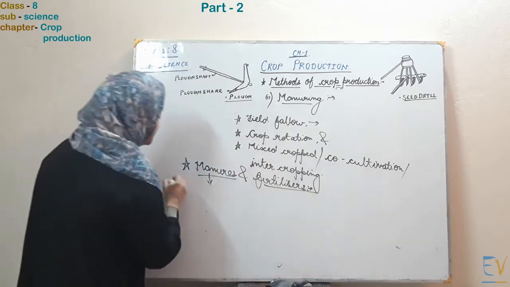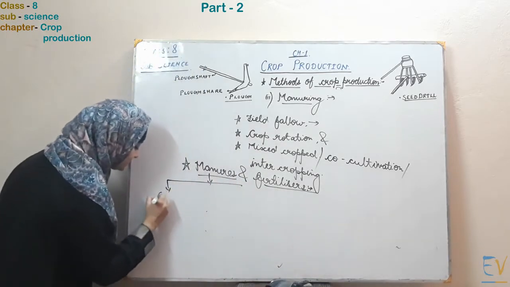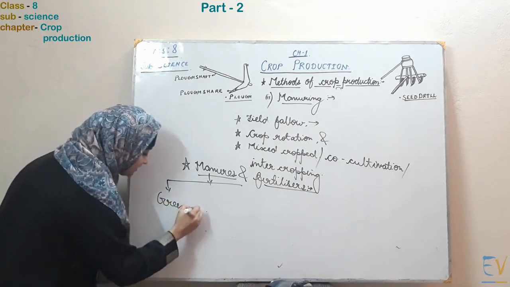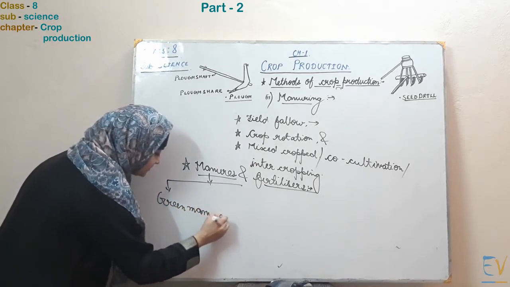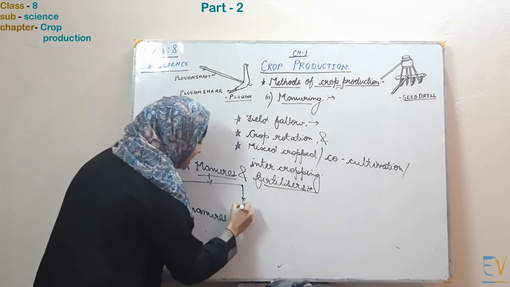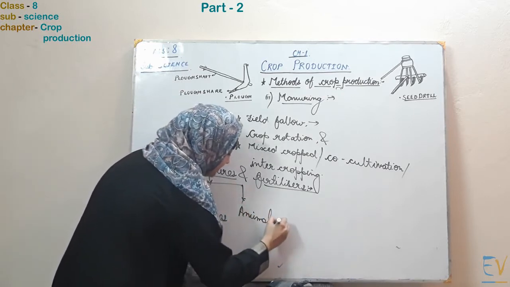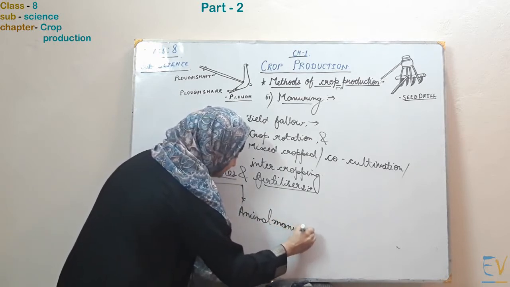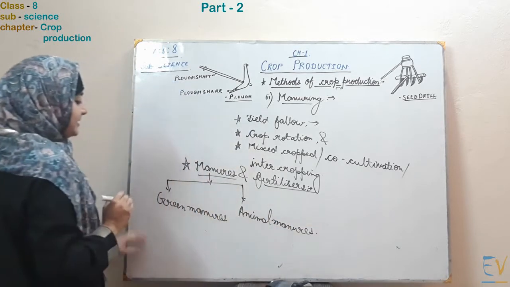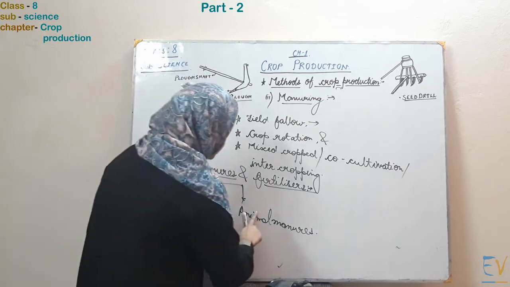Now, there are two types of manures. First, green manures. Then second one, animal manures. Now, what is the main difference between green manures and animal manures?